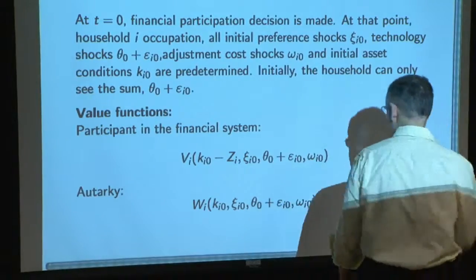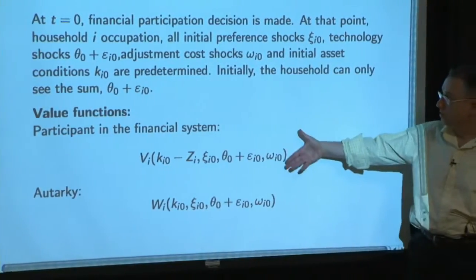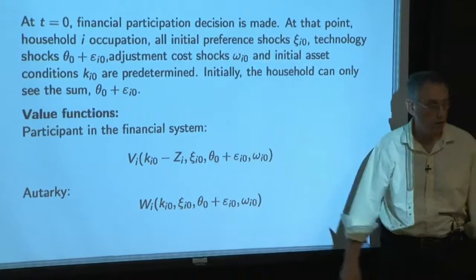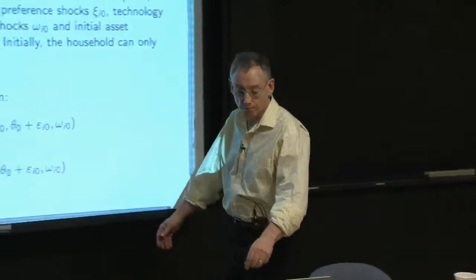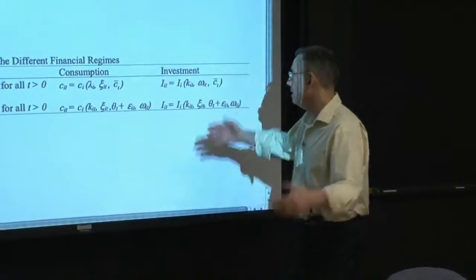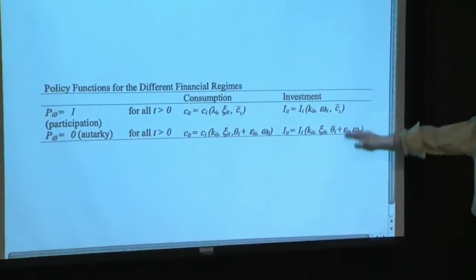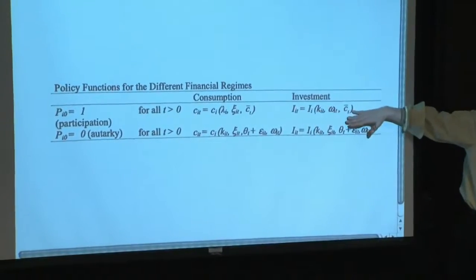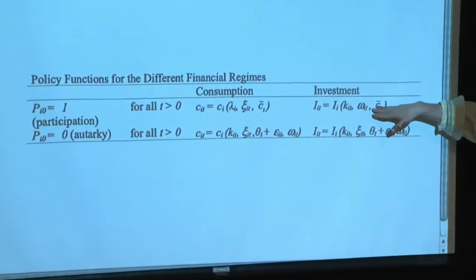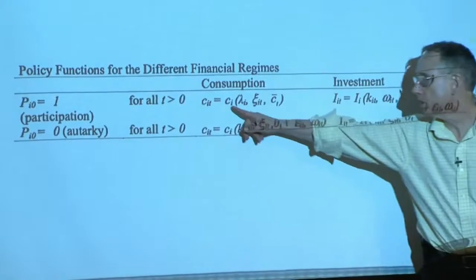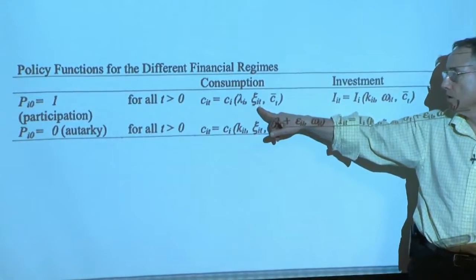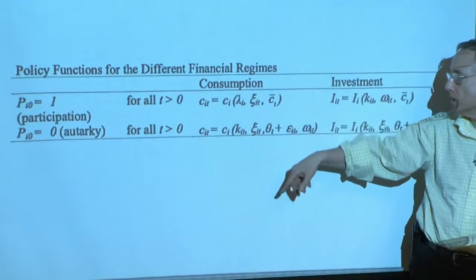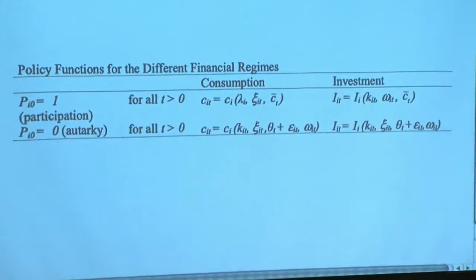If you solve the autarky problem, and you've kind of already seen the solution to the consumption part of the intermediated problem, you can just sort of list the equations for P equal 1 participant. They've got the V value function. You've got consumption as a function of your preference shock and aggregate consumption and your Pareto weight.